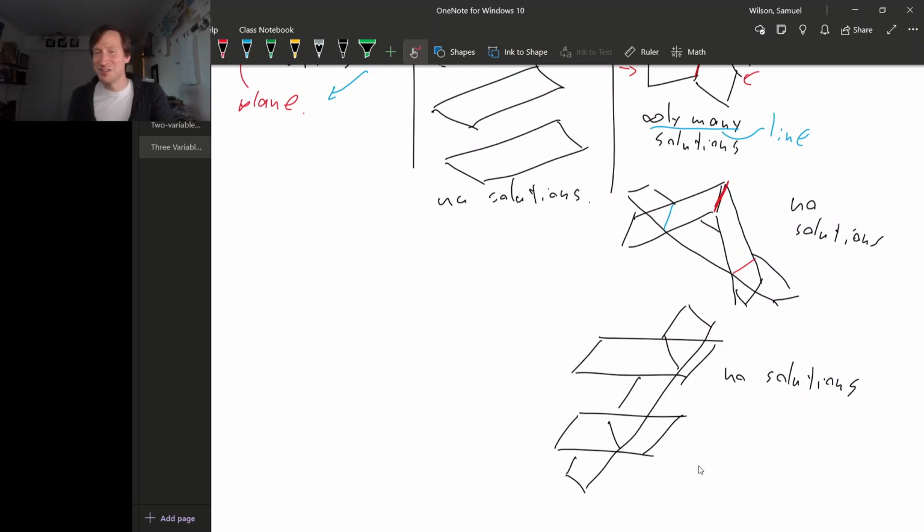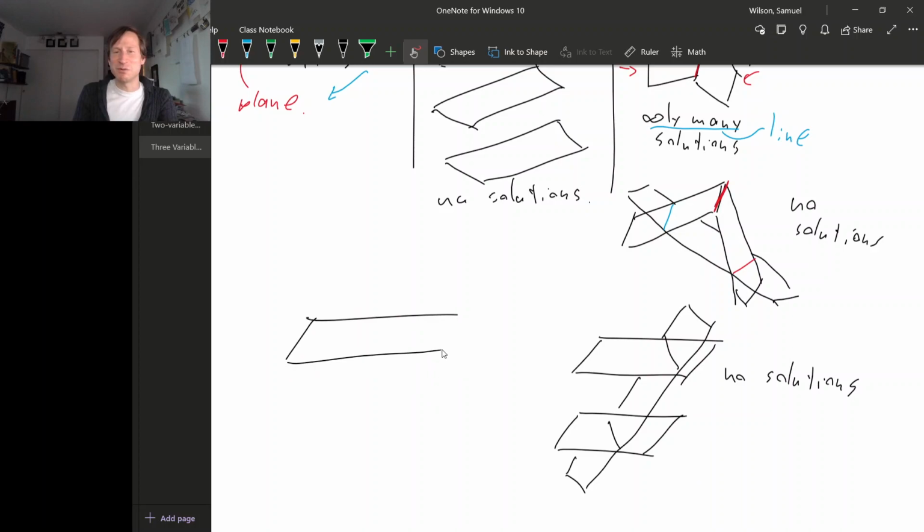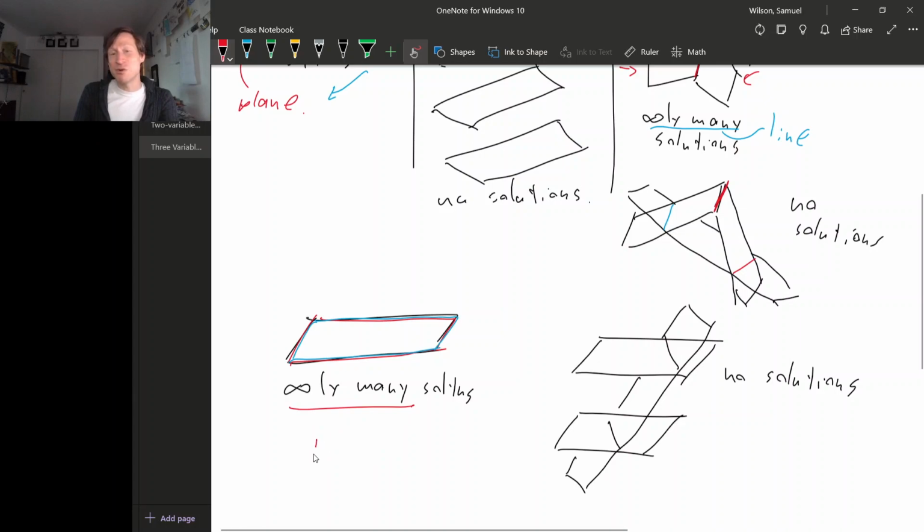And then maybe the final configuration is if we have a plane, and then our second plane is the same as our first plane, and then our third plane is the same as our first plane as well. In this case, we're going to get infinitely many solutions. But in this case, infinitely many means a whole plane worth of solutions again. So even if you have 3 equations, it is possible to have different sizes of infinitely many solutions.